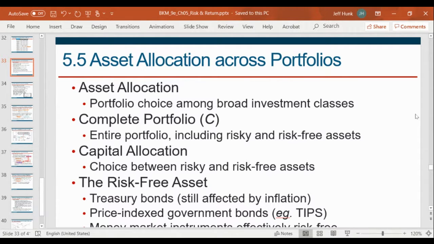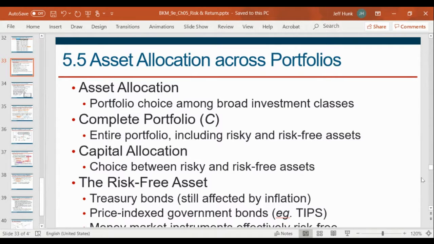Also, the long-term bond portfolio, even short-term bonds, treasury bills, treasury notes, they are basically the baseline rate of return. In other words, they're risk-free. Treasury bills, treasury notes, treasury bonds, they're risk-free.